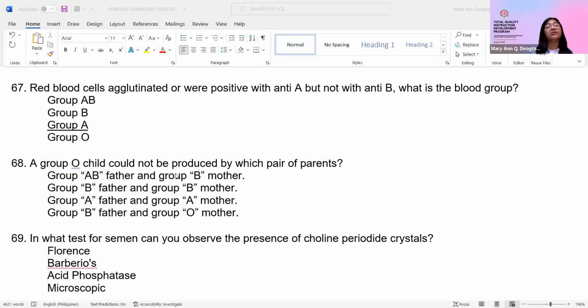Pag hindi kayo sigurado sa sagot nyo, you have to crisscross it. Pagka ang father ay A, ang mother ay A, ang ipapares mo dyan, O eh. So AA, o merong O yan. Ito, group AB and group B, hindi mo mapapaproduce ng group O to. You try the crisscross method, aralin nyo yan.